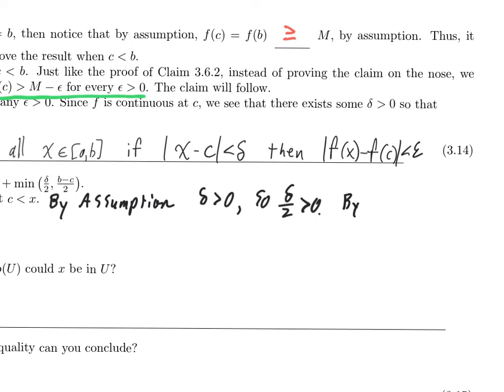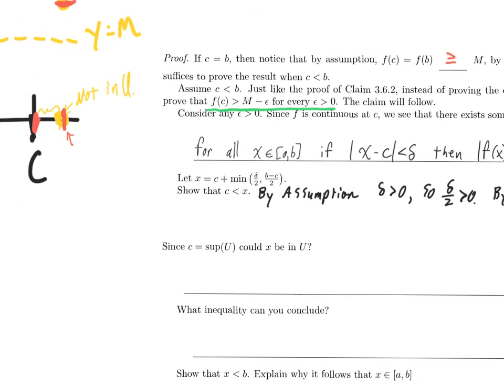Again, by assumption, b is bigger than c, there's the assumption. So b minus c over 2 is bigger than 0. Oh, great.